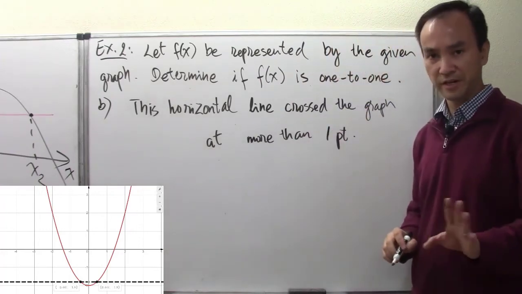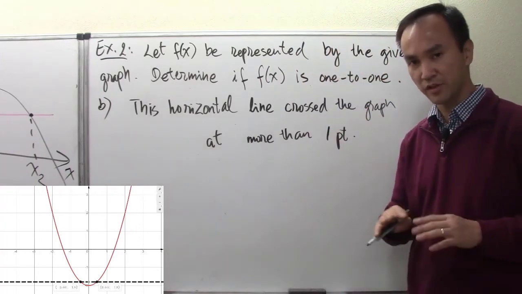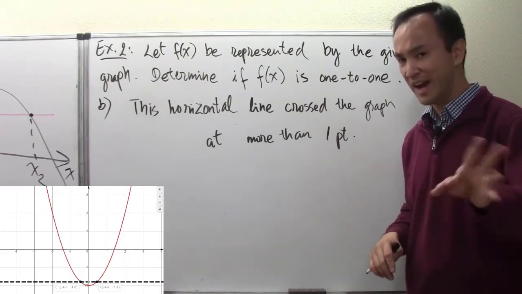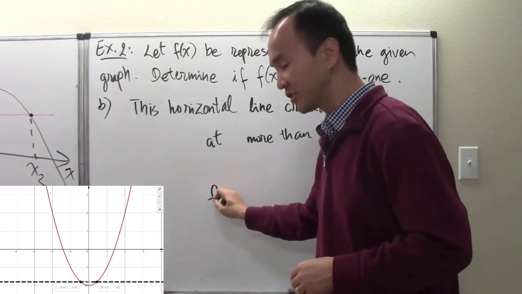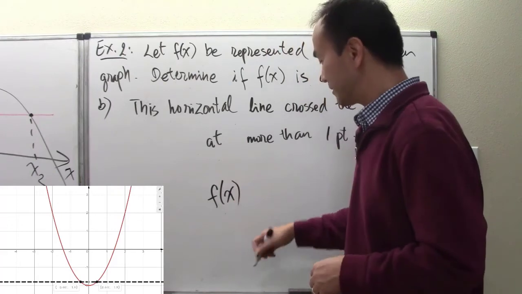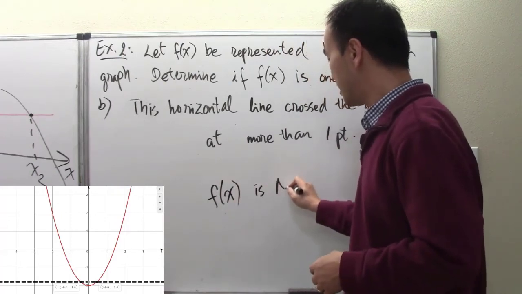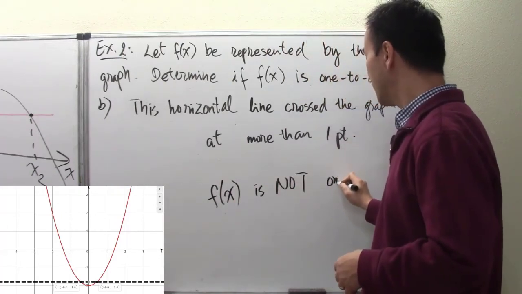All right, that's fair enough. This horizontal line we're seeing here crossed the graph at more than 1 point, and that's just enough to say that. So in this case, my decision is f of x is not 1-to-1.